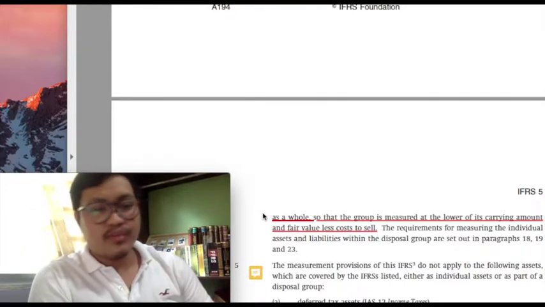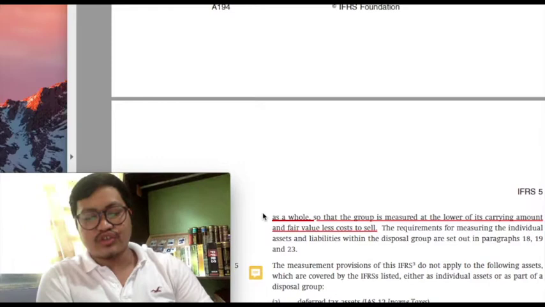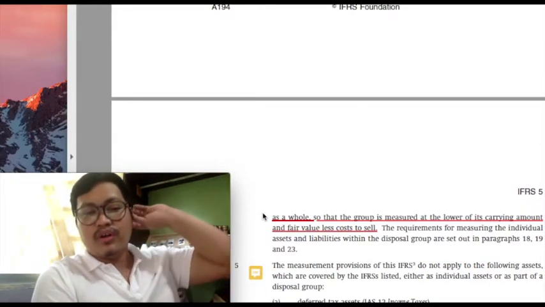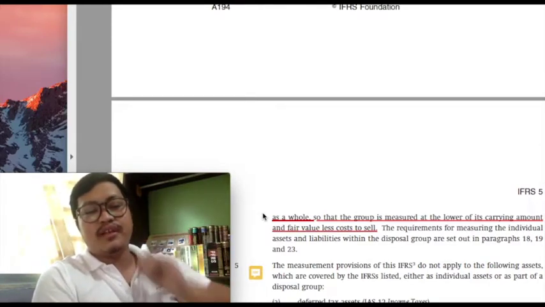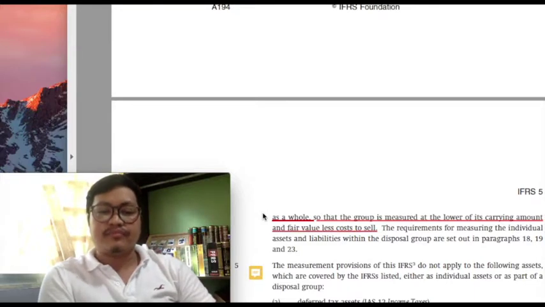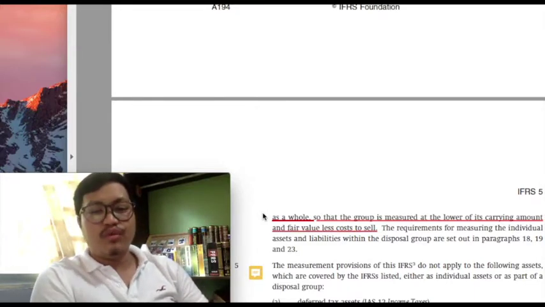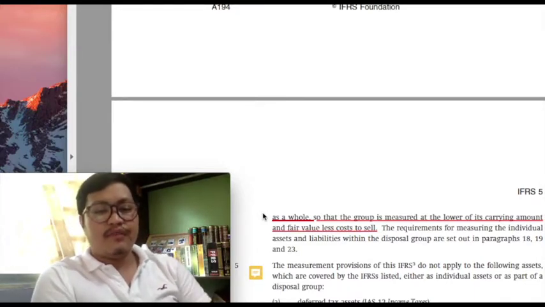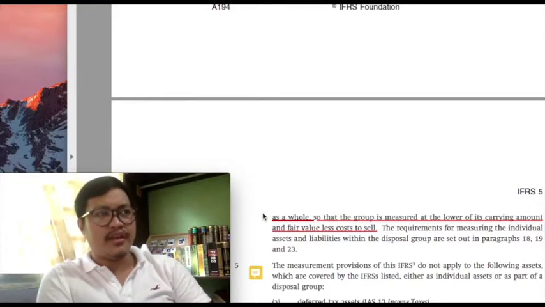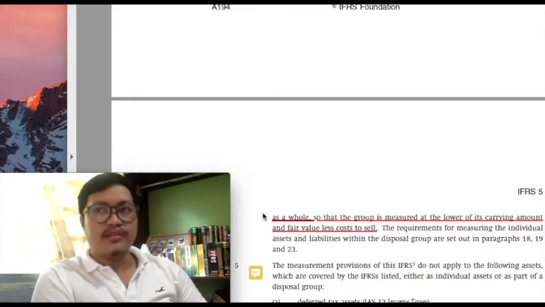So this is one of the things I wanted us to take away from today's discussion, which is the measurement of your non-current assets held for sale. They are to be measured at the lower of its carrying amount and fair value less cost to sell. So what does this mean? Let's try to imagine first a single asset.